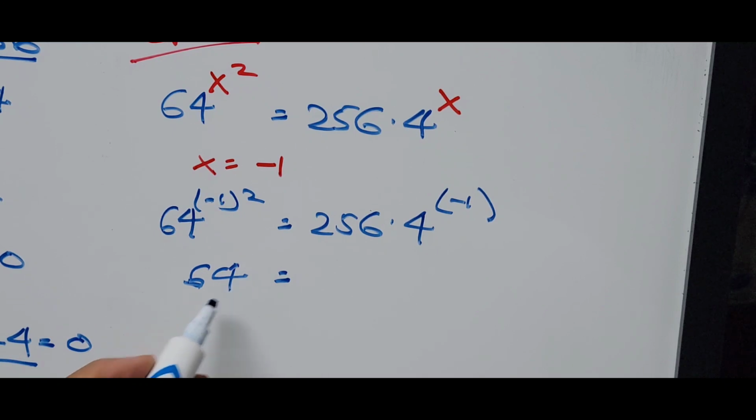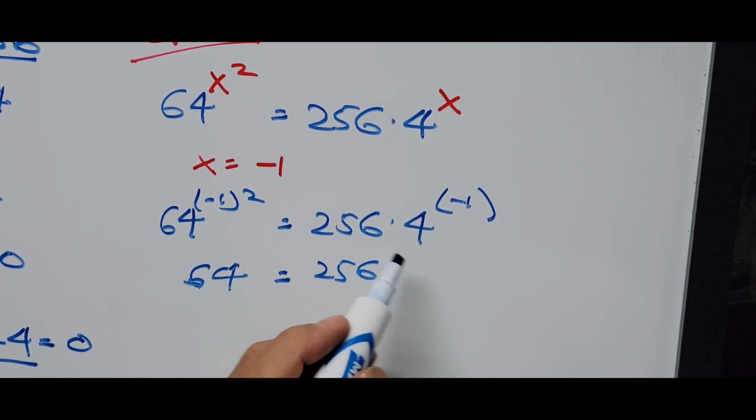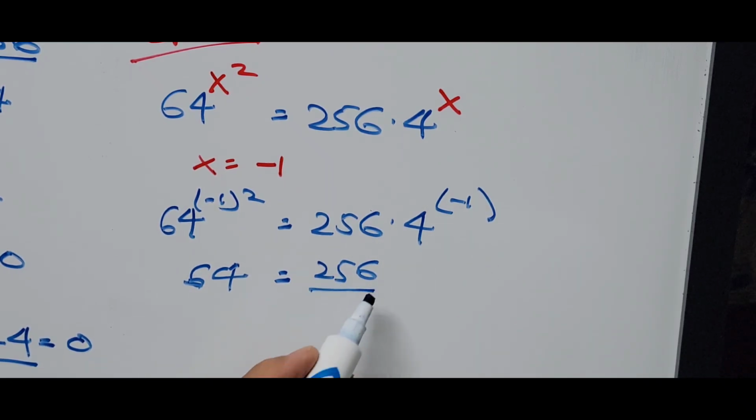This equals 256 times 4 raised to negative 1, which is written as 1 over 4 in the denominator, so that ends up as 256 divided by 4. Is 64 equal to this side? Yes, it is. 256 divided by 4 is 64. So we found that x equals negative 1 works.